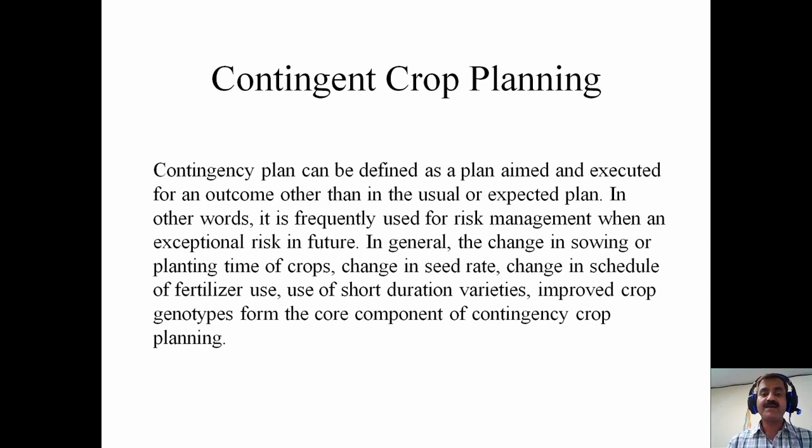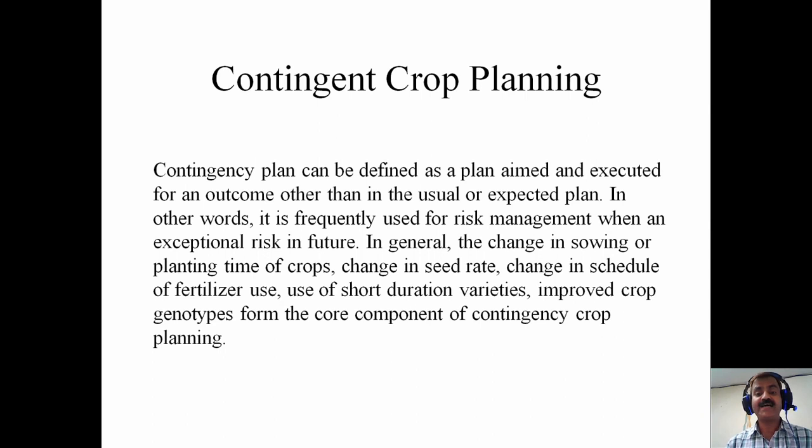You can remember that the delay of the monsoon doesn't mean that you have not yet laid the nursery. Nursery would have been laid at the proper time in the month of June, and because the monsoon is delayed, now the age of seedling would be 2 weeks more than the normal age of the seedling.